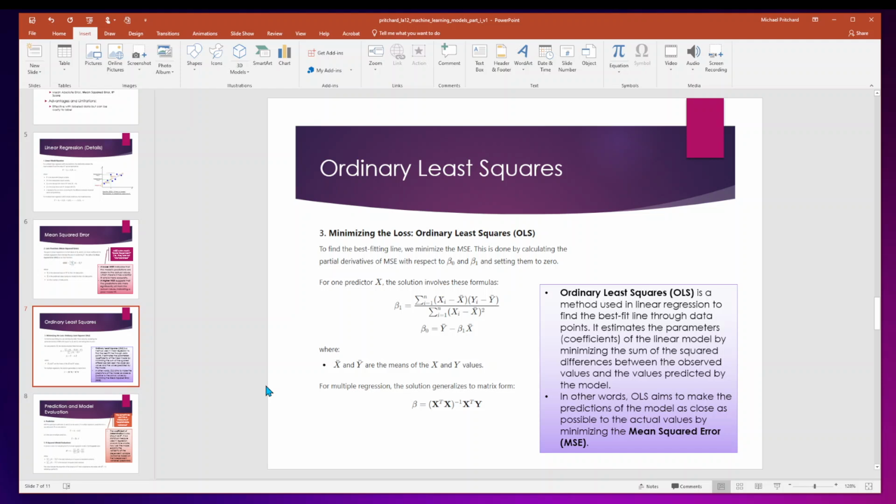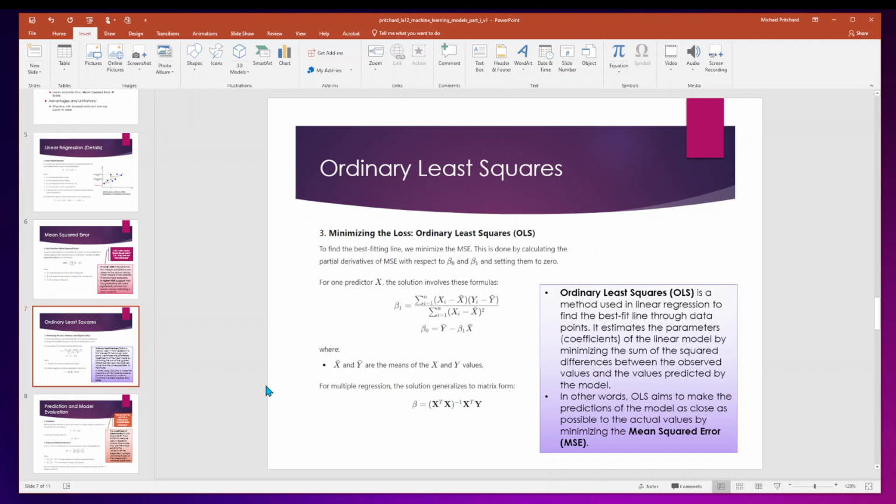The goal of OLS is to reduce or make that MSE value as low as possible. So the idea is OLS is trying to minimize the error between the actual and predicted values by adjusting the model's coefficients.